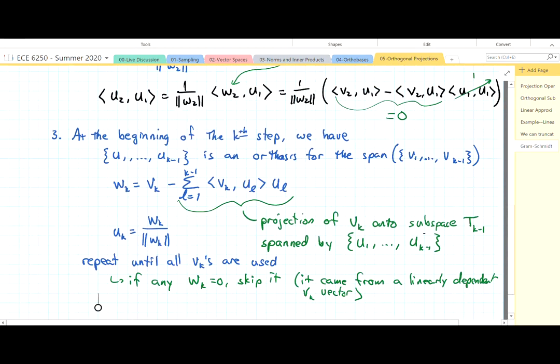Okay, let's go through one example and see how this works.